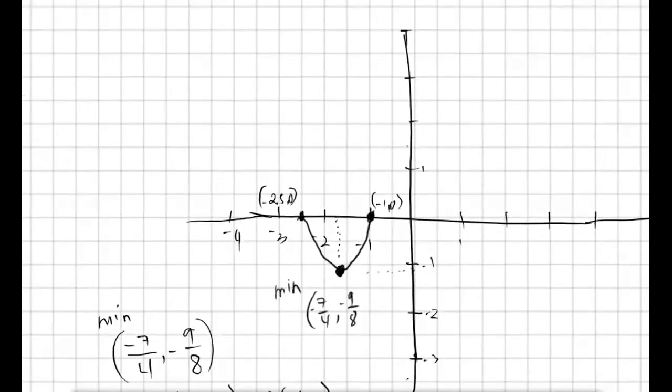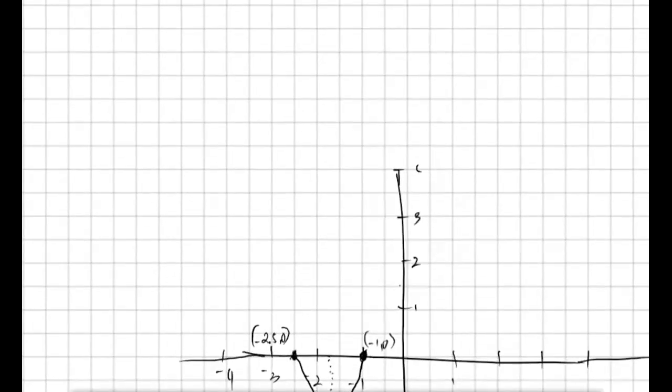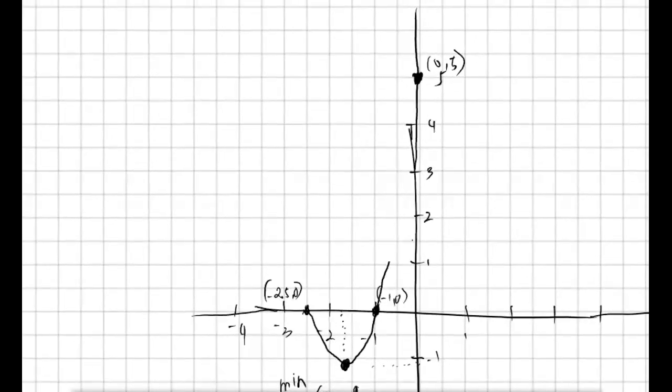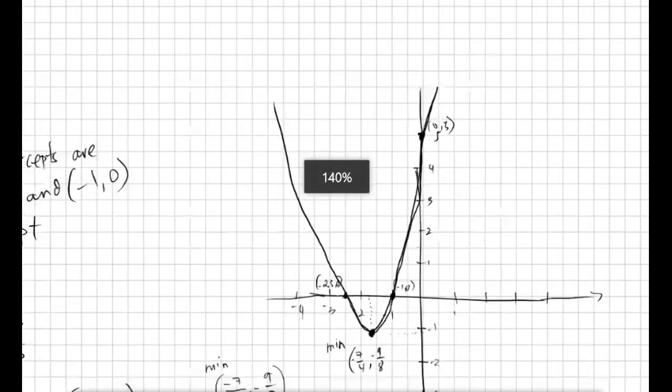So if this is 1, 2, 3, 4, 5, so this is 0, 5, the y-intercept. That means our graph looks like this. Understand? If you have any question, just send me a message.